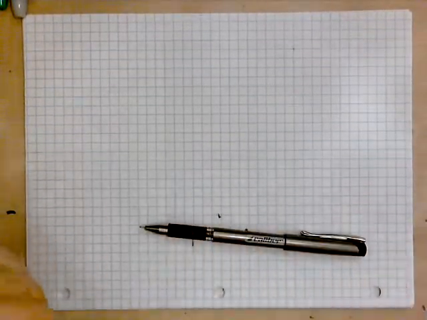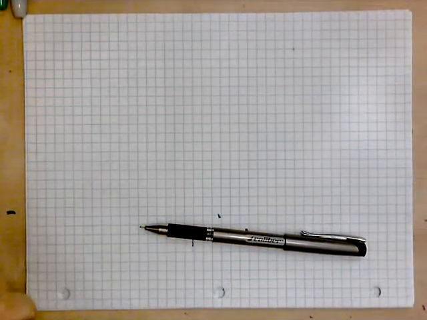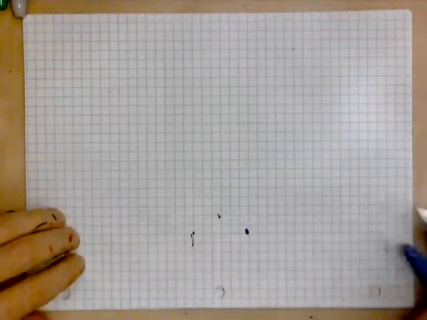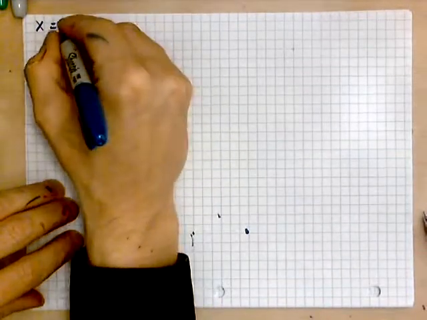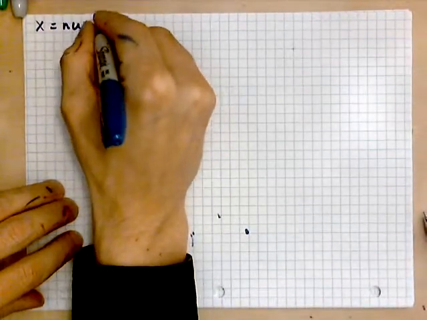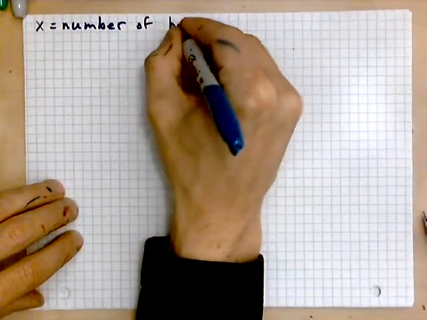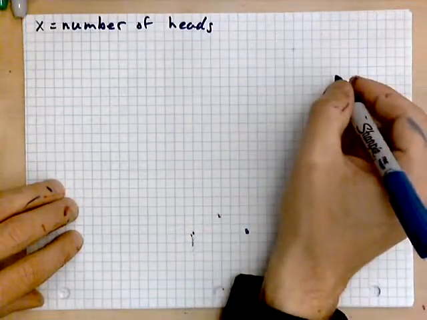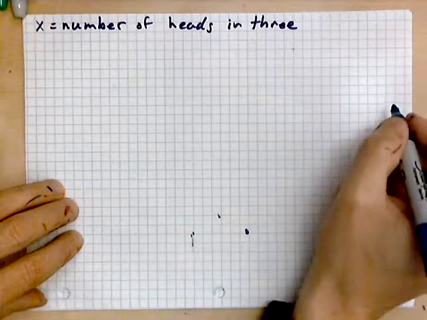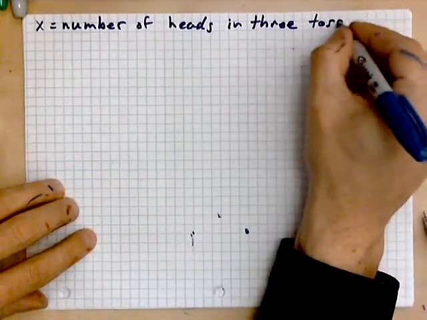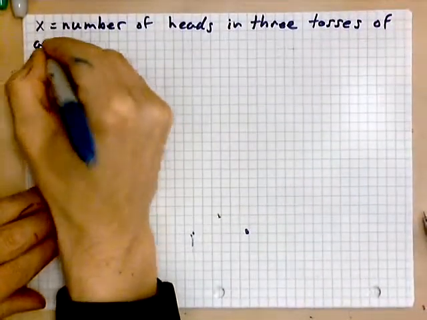Okay, so first let's begin by defining our variable. This is a step that is common to all of mathematics to be sure we know what we are actually working with. So I will use a little marker x equals number of heads in 3 tosses of a coin.